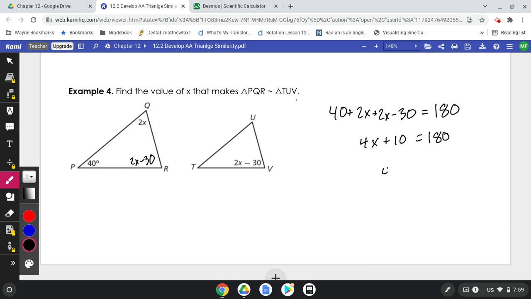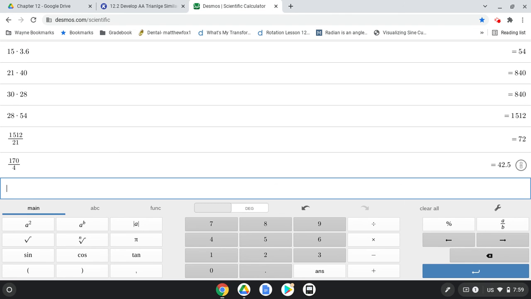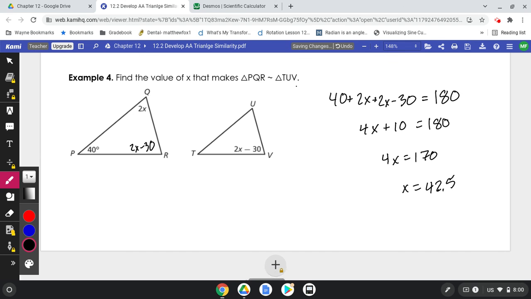We'll subtract the 10, 4x will equal 170. Divide by 4, x equals. Now, it's actually going to be a decimal for us, but that's okay. 170 divided by 4, and we get 42.5. So if x was 42.5, then this would be a similar set of triangles.